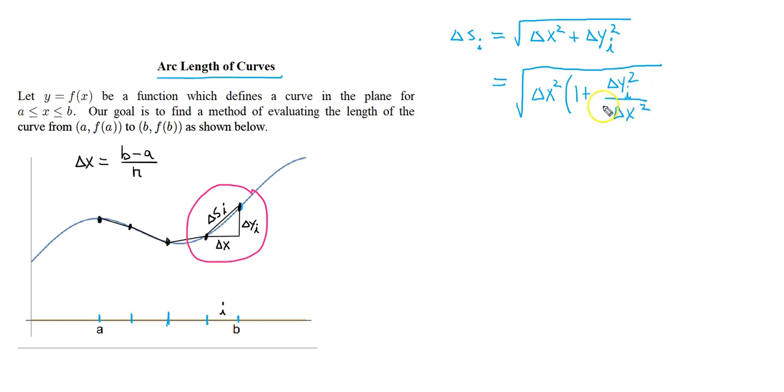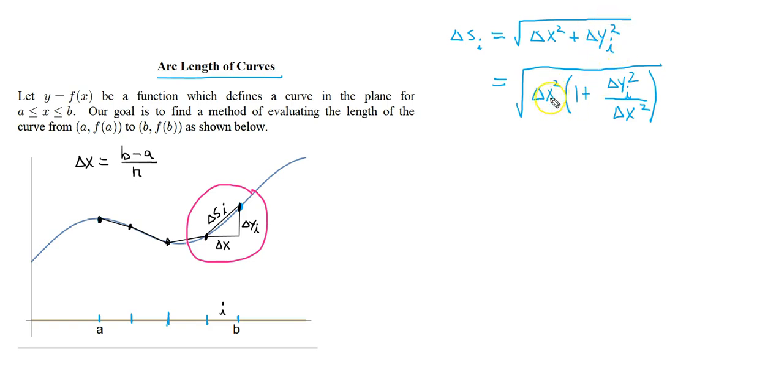So there we factored out the delta x squared from this term and this term. Notice if I multiplied the delta x squared back inside here, delta x squared times 1 would give us this, and delta x squared times this fraction, the delta x squares would cancel and we would recover this back.